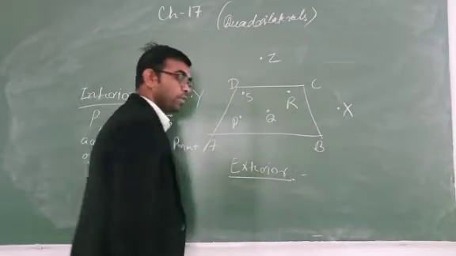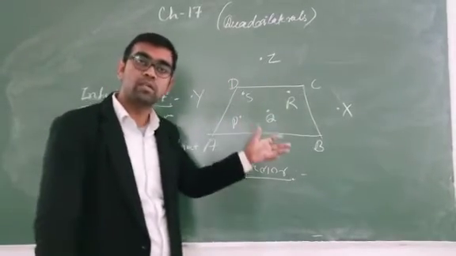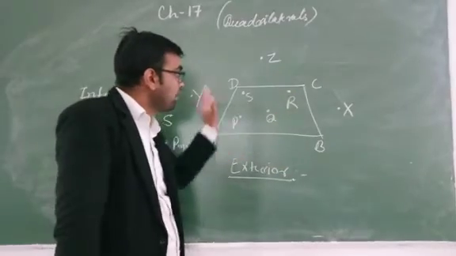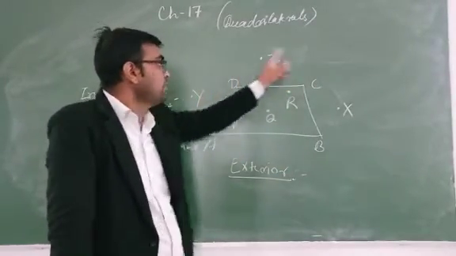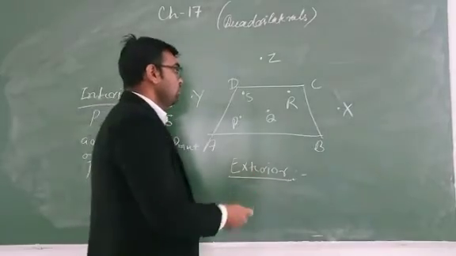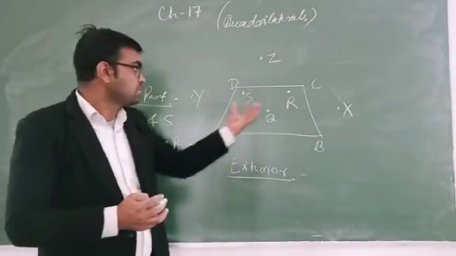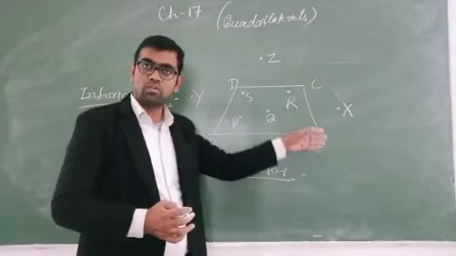What are exterior? That which lies outside the quadrilateral is said to be exterior. So X, Y, Z.